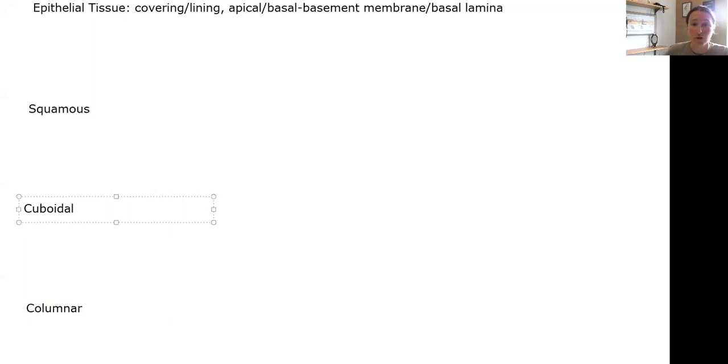So let's draw in, first and foremost, here is the basal lamina. So this is pointing down and into the body. Squamous cells, or cells in squamous tissue, are long and skinny. These are pretty much flat, or squished.